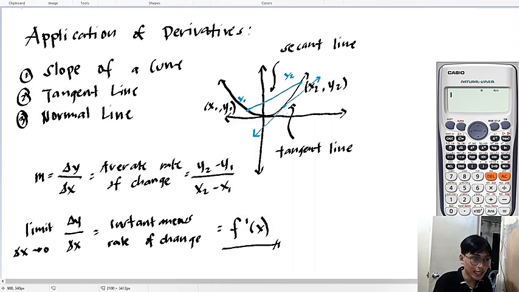So the tangent line, or the slope of this tangent line, is the first derivative of the function. Okay? So what is the difference between the average rate of change and the instantaneous rate of change? What exactly is the difference?